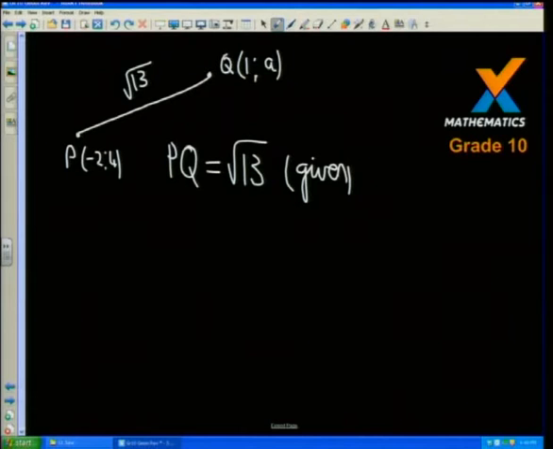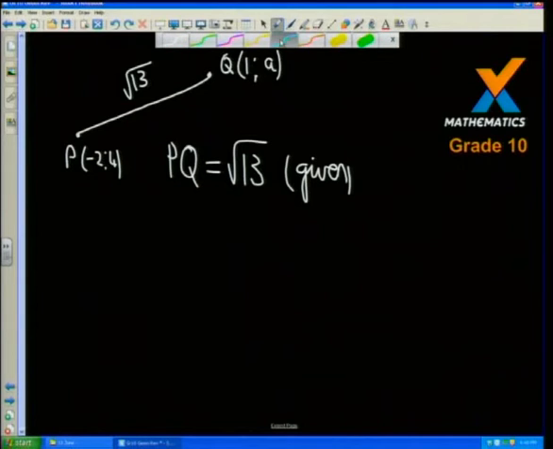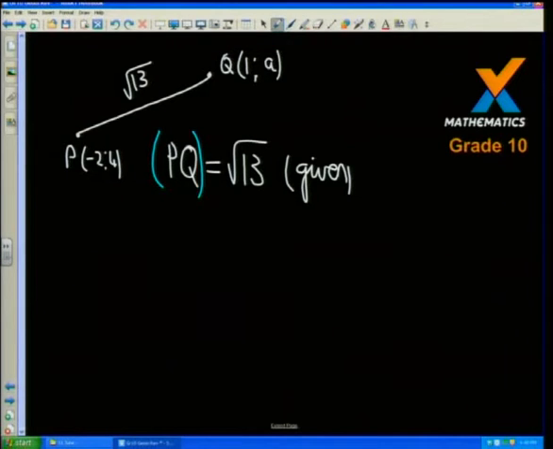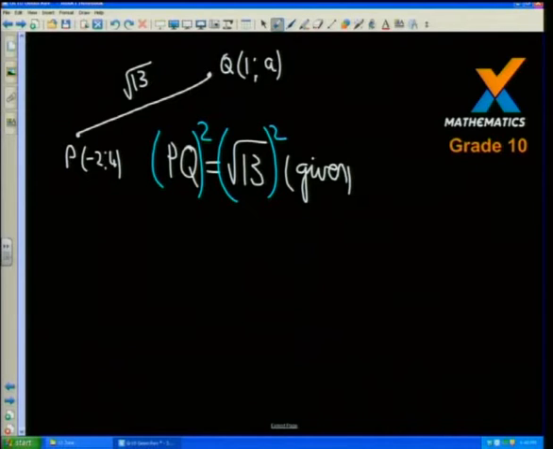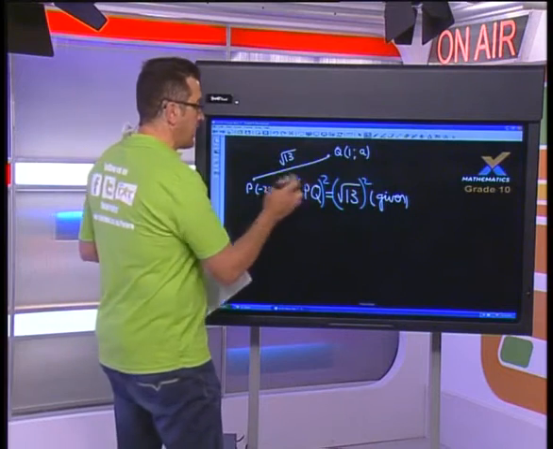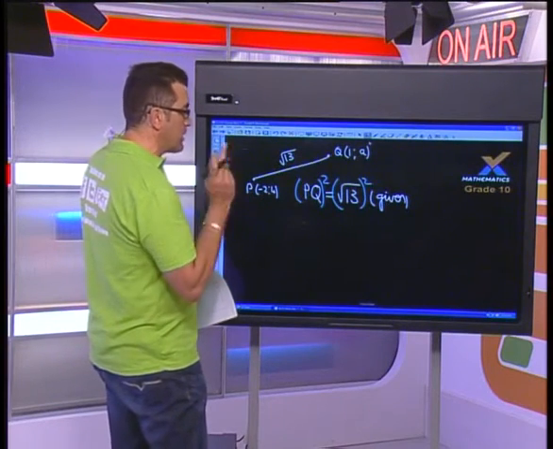Okay? Now look at what I'm going to do next. I have got a square root on the one side of an equation. So to get rid of it, I can immediately, from the beginning, square both sides. Then I don't need to deal with this ugly square root. Okay, then the length of PQ. Let's see. What did we say?